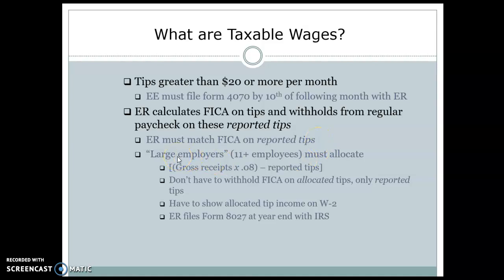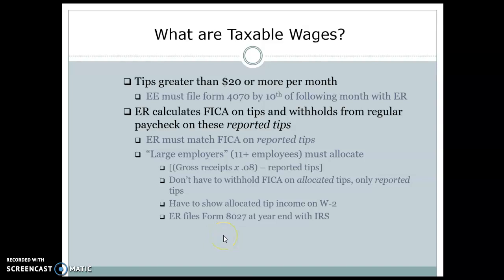Okay, the employer has to match that same FICA on those reported tips. Now, if it's a large employer, meaning they have 11 or more employees, they have to allocate tips if the reported tips are less than 8% of the receipts of those tables.